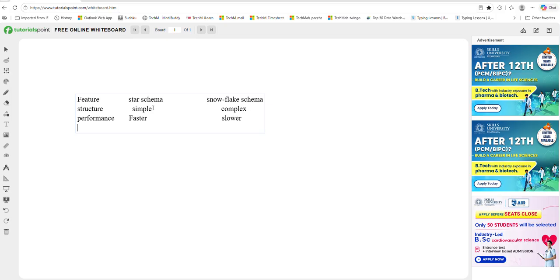Now we can consider relationships here. Here few relationships will be there, but here more relationships are there compared to the star schema.